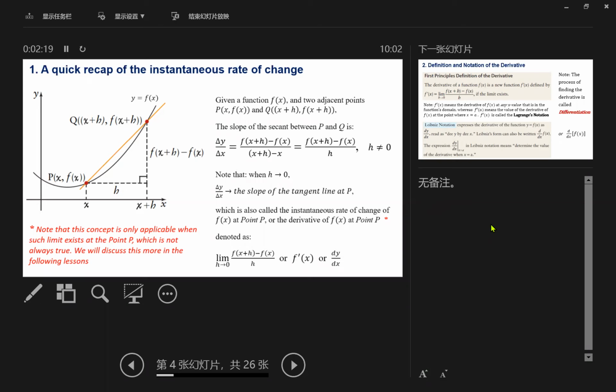Okay, note that when h approaches zero, the ratio delta y over delta x should approach the slope of the tangent line at P, right? Understand?